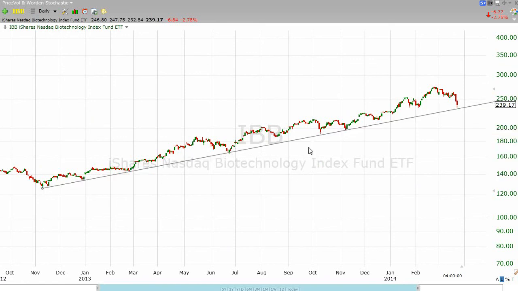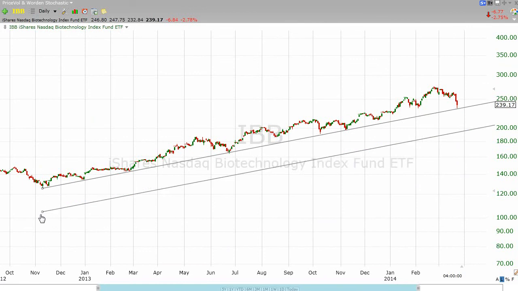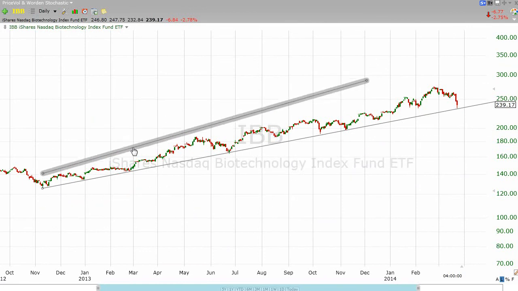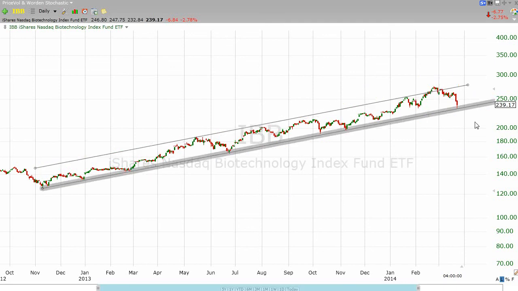And the main thing that concerns me just a little bit about IBB is that all of this has sort of taken place in a pattern where if we draw a parallel line, we seem to have kind of blown out over the top of this resistance line in late February.